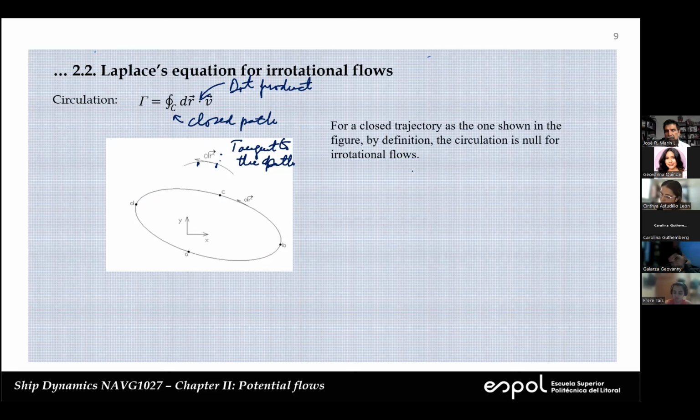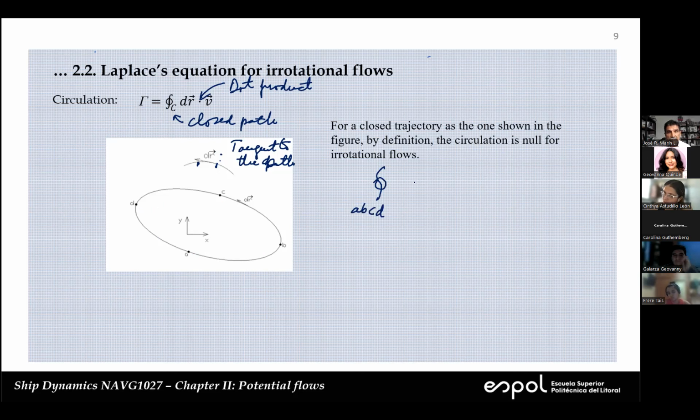Now, this is a good assumption, and we will show why. So if we integrate in the closed trajectory, for example, we go from A, B, C through D and close to A, right? So this is A, B, C, D, and A. We go all the way.